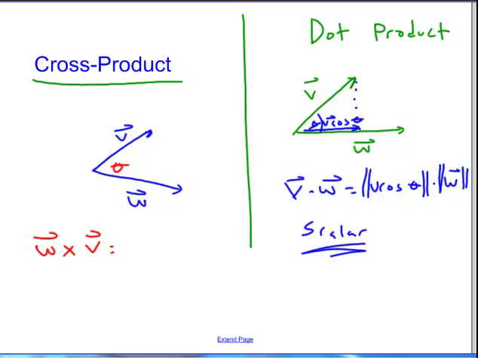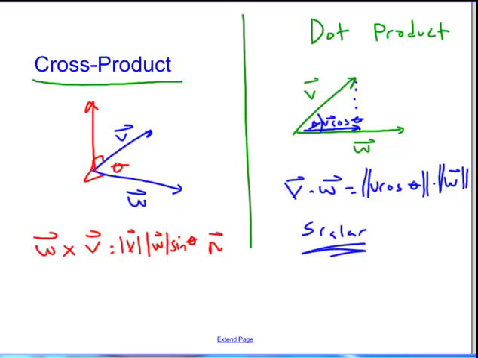So imagine, if this is in the xy plane, that there's a vector coming out of the plane that's perpendicular both to v and to w. So a cross product results in a vector, some normal vector to both of them, and the magnitude of that is the magnitude of v times the magnitude of w times sine of theta.